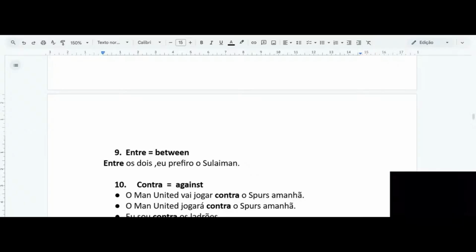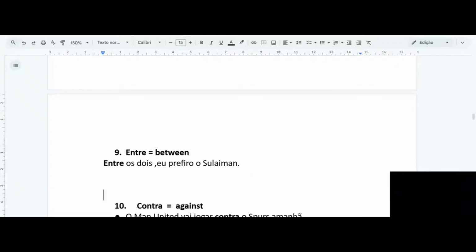Sometimes you hear entre, but it doesn't mean between. I hope you are noting some things down. I hope your pens and papers are with you as usual. Sometimes we may hear entre, it doesn't mean between. This entre, which has the same pronunciation and the same spelling, we got it from the verb entrar.